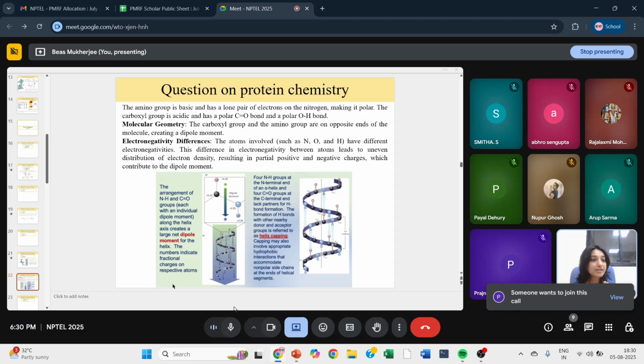And electronegativity differences: the atoms involved, such as N, O, and H, have different electronegativities. This difference leads to uneven distribution of electron density, resulting in partial positive and negative charges, which contributes to the dipole moment. Right? So you can read about this, and there are many interesting things about a helix.